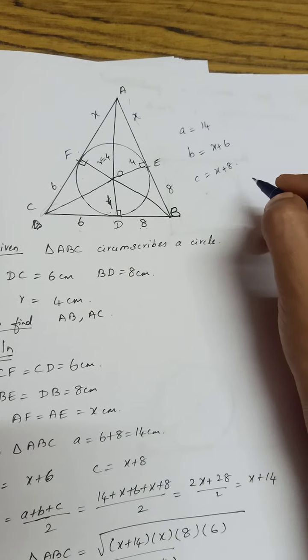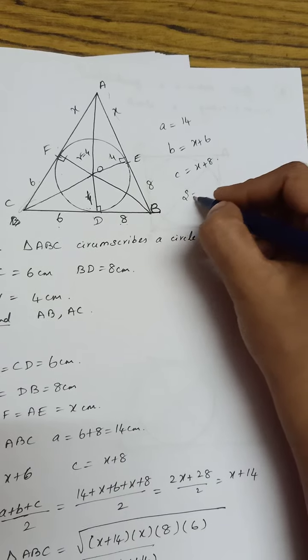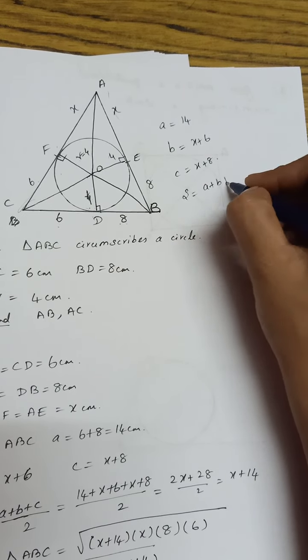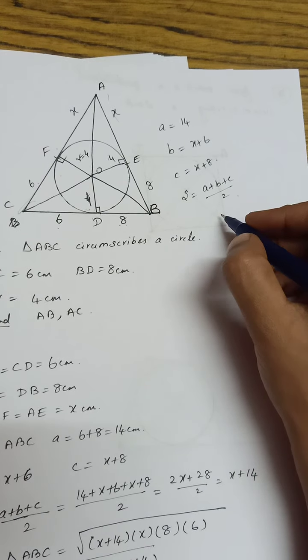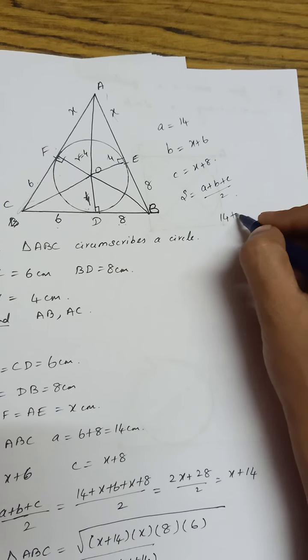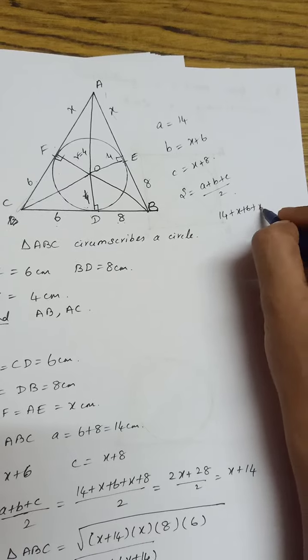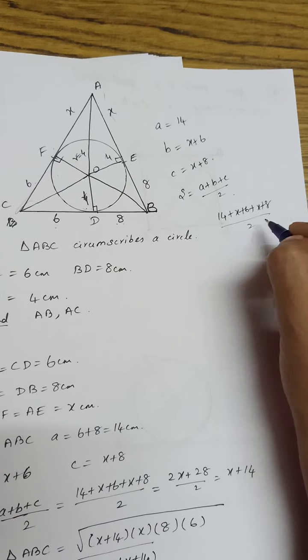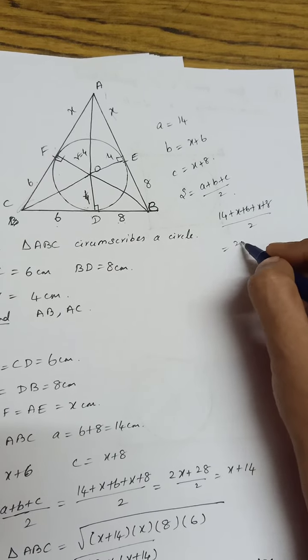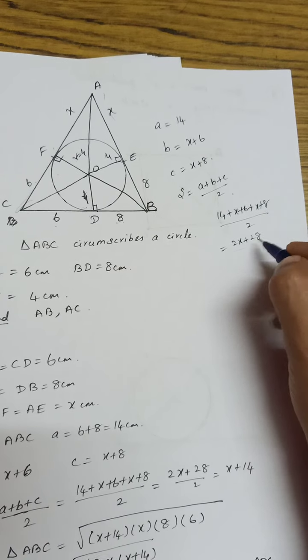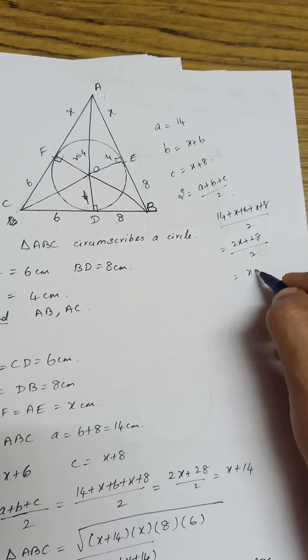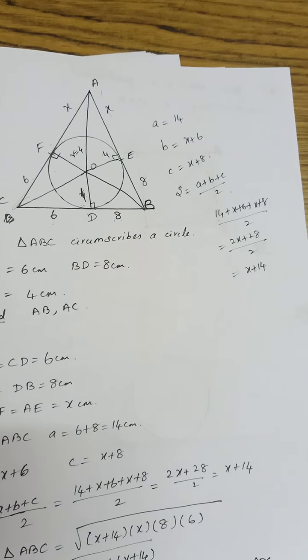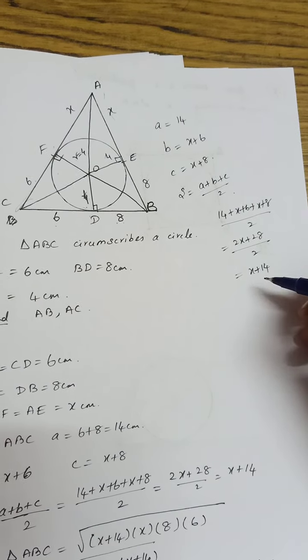We used to find something called the semi-perimeter. Semi-perimeter is a plus b plus c by 2. So 14 plus x plus 6 plus x plus 8 by 2. If you add, you will get 2x plus 28 by 2. Take 2 as common and cancel. You will get x plus 14. So here we are getting s.